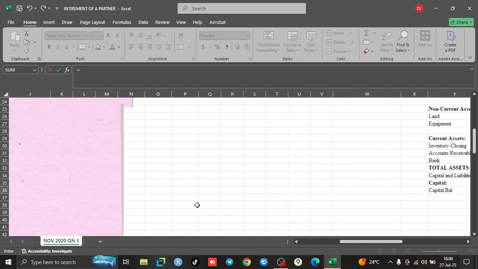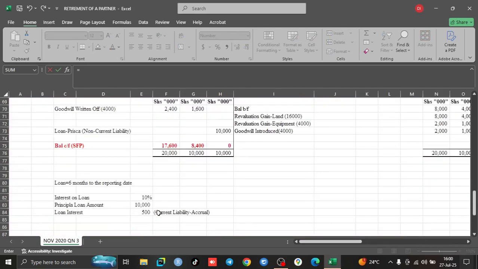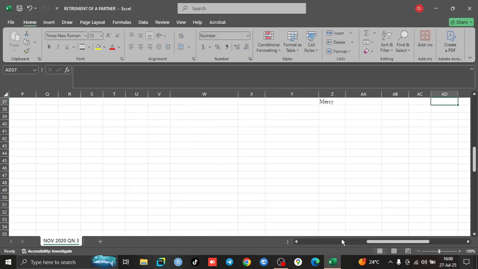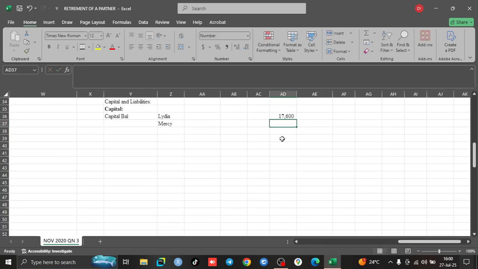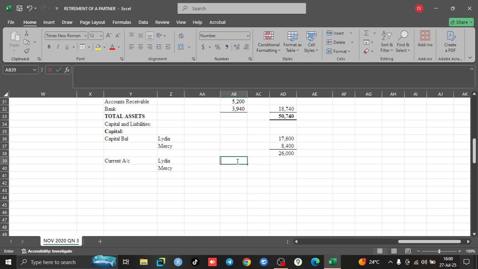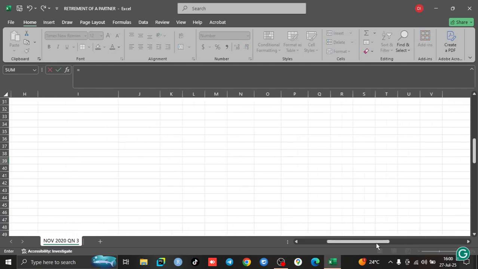So the amount due to Lydia in terms of our capital is 17,600. Mercy is 84. We get the total for these ones. Then we determine the amounts due to them in terms of their current account. Same scenario, only Lydia and Mercy have current account balances because Priska retired. So we are going to sum them up here first, then we get the total capital.